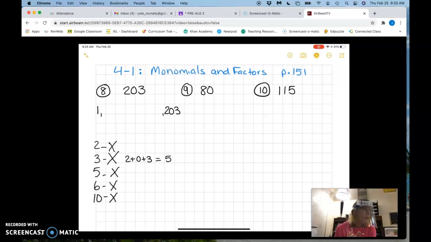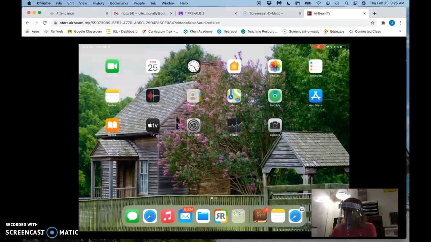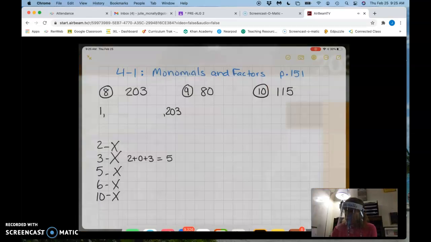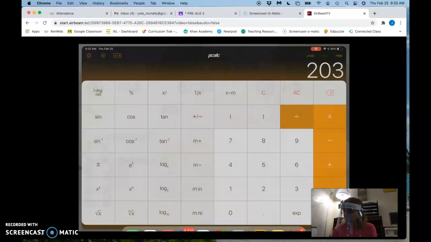This is when you need your calculator. You're going to say 203 divided by, now we already used 2, 3, 5, 6, and 10. So let's start with 4 and see if it'll divide by 4.